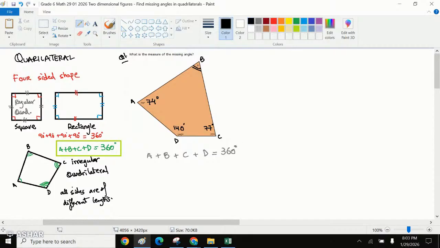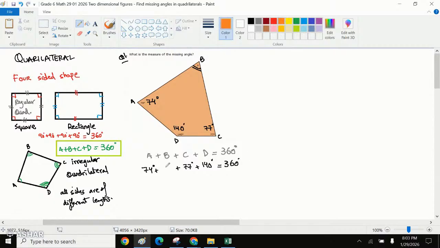We have the value of A, we write 74 plus, we don't have the value of B, C was 77 and D was 140. It should be equal to 360 degrees.